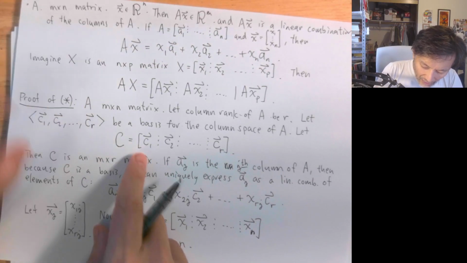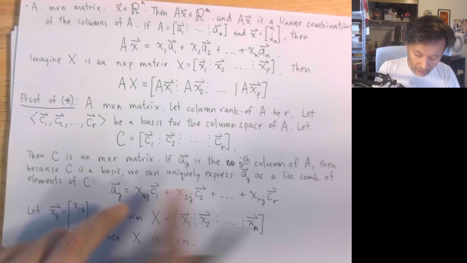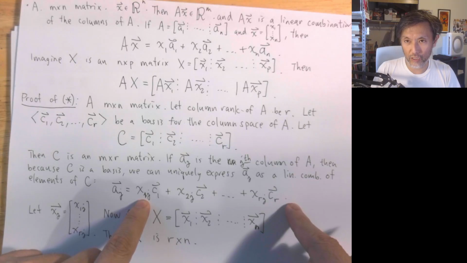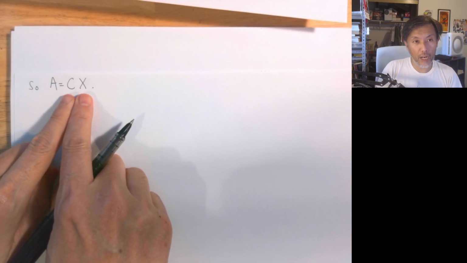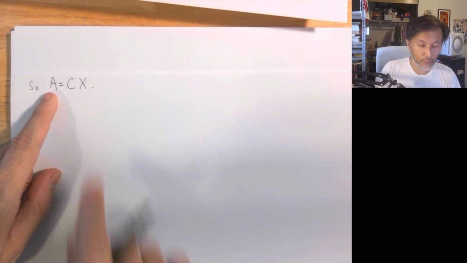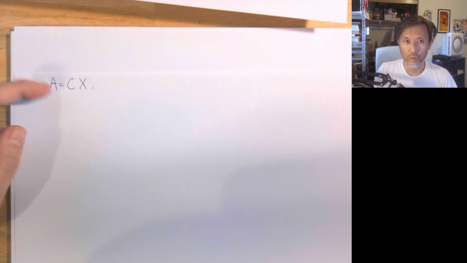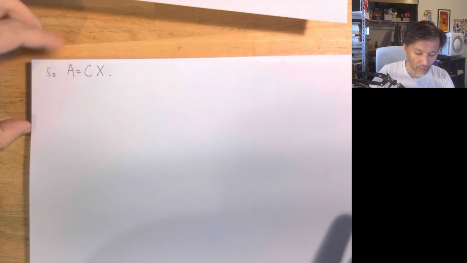Well, that's exactly the construction of the jth column of A. That's exactly this linear combination. Does that make sense? Which is why we can say the jth column of C times X is precisely the jth column of A. Does that make sense? I hope I said those words in the right order.